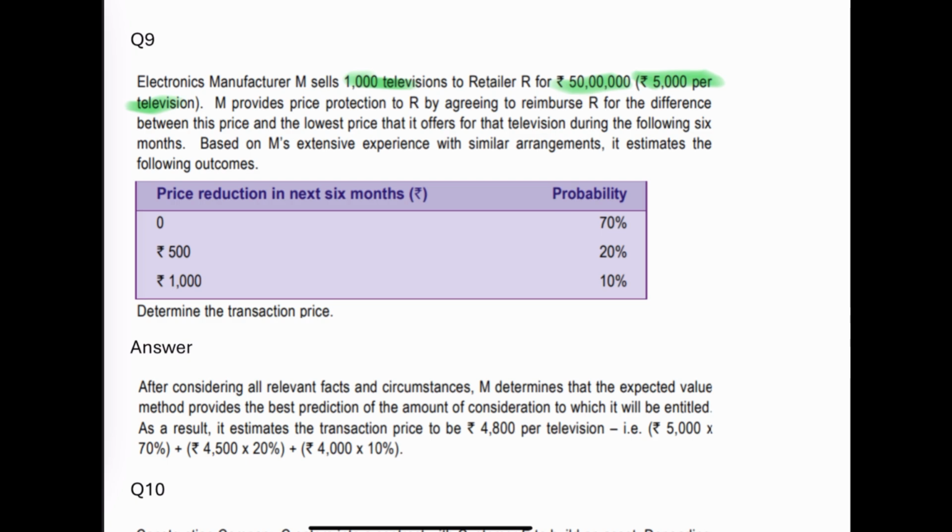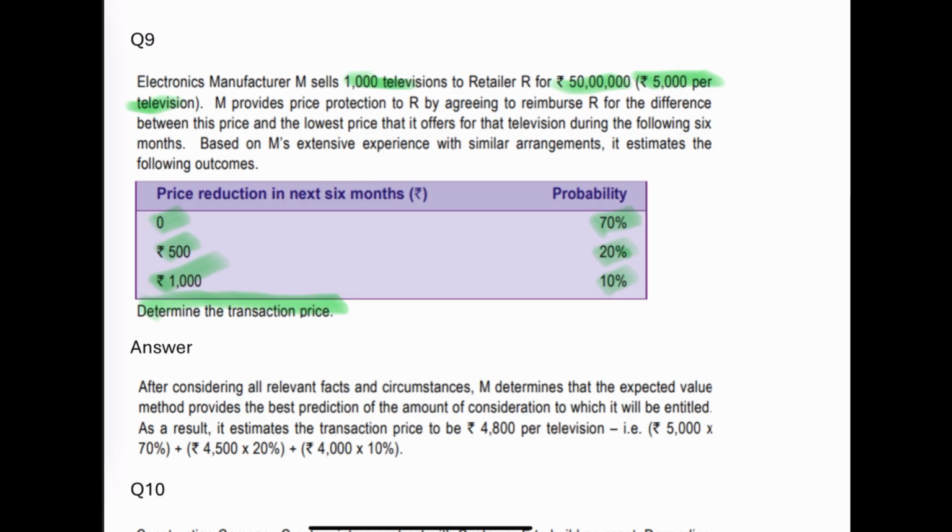Based on M's extensive experience with similar engagements, it estimates the following outcomes. The rebate will be 0, which has a 70% chance, the rebate will be 500 rupees, which has a 20% chance, and the rebate will be 1,000, which has only a 10% chance. So how to determine the transaction price in this case?